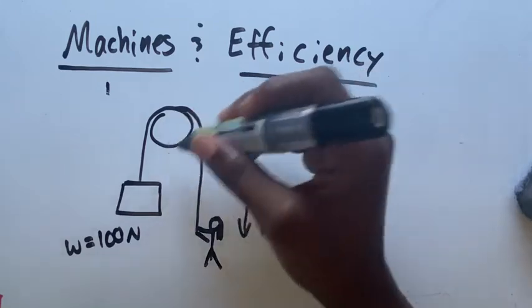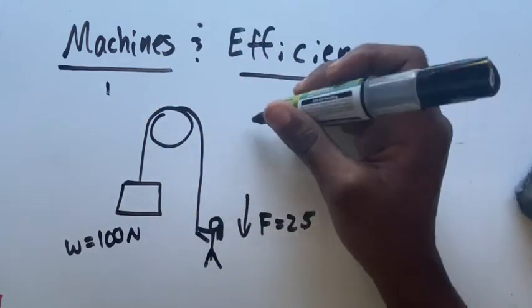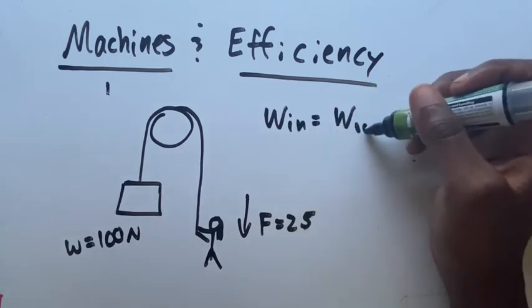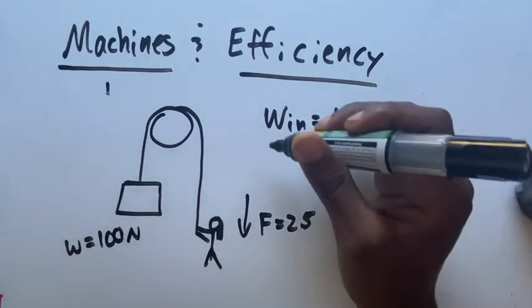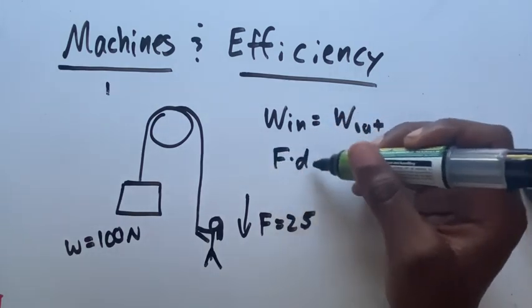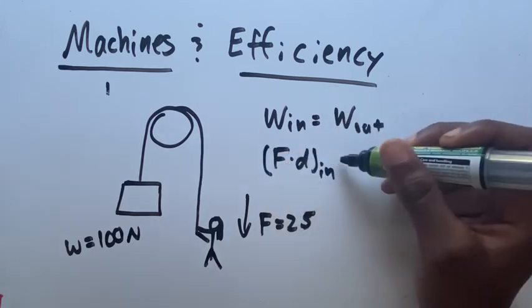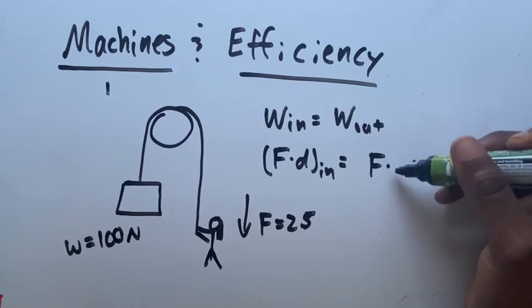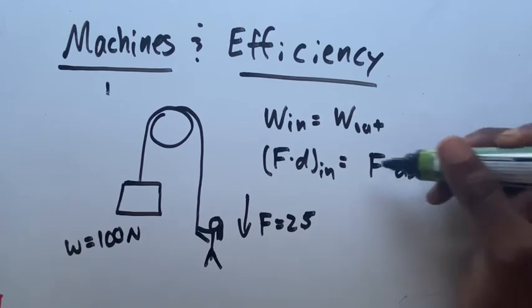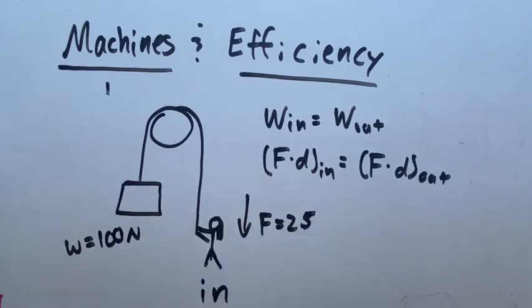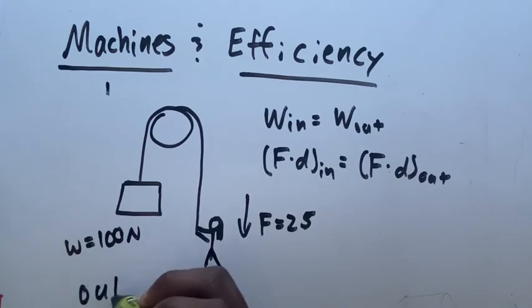Well, since this is a machine, we could say the work in equals the work out. So that's the force times the distance in equal to the force times the distance out, right? Over here is the side where she's putting in the work, and over here is where the work is coming out.